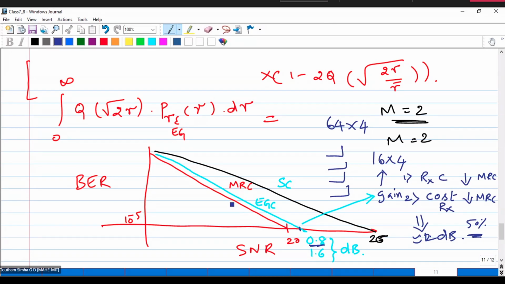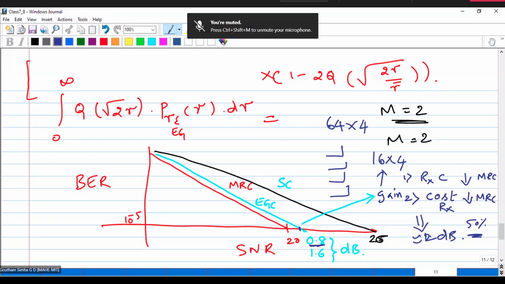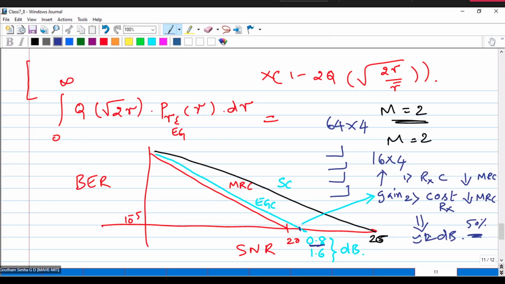Now that is all about the mathematics I wanted to discuss. Now we will go to conceptual ideas and how you implement all these things. Mathematics, yes, I completely understand. If I ask you to remember, that's not correct for an engineer, as you have a lot of other subjects to read also.